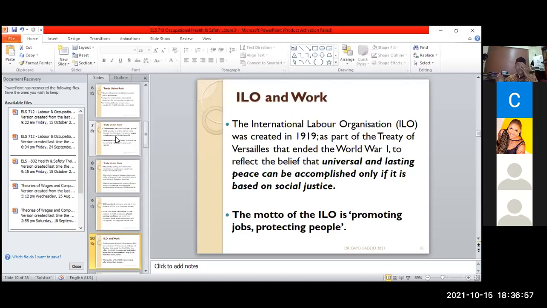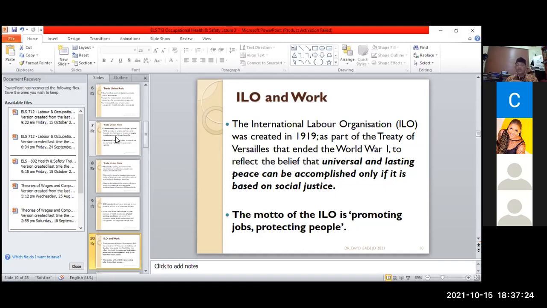Now, what is the ILO position and work? The International Labour Organization, which we all know was created in 1919, but most importantly, they are interested in the belief that universal and lasting peace can be accomplished only if it is based on social justice. And the motto of the ILO is promoting jobs, protecting people.